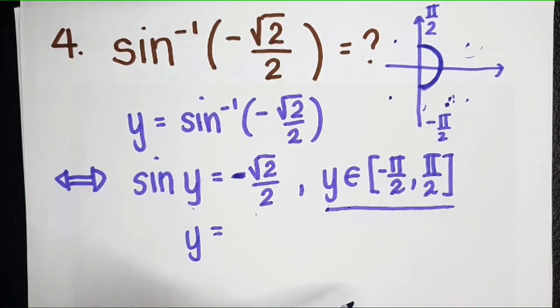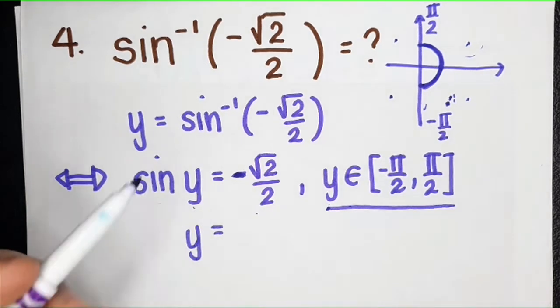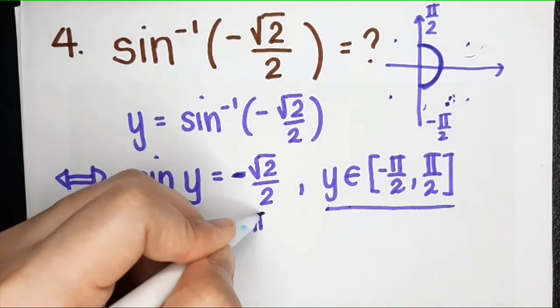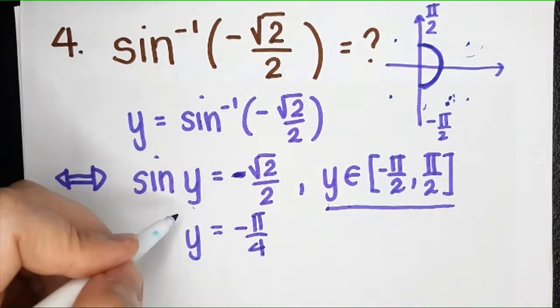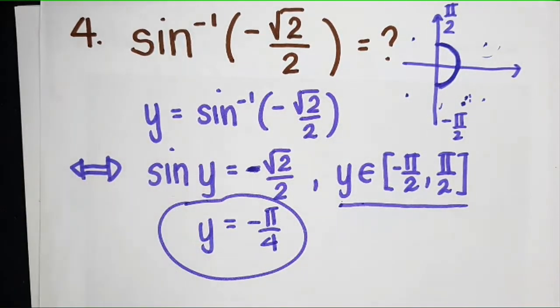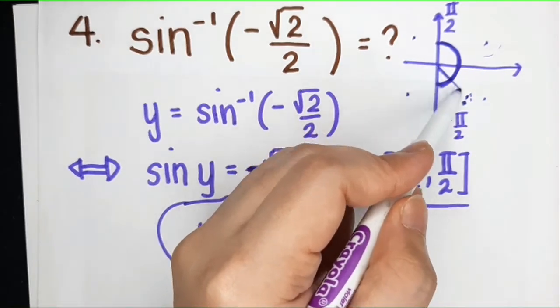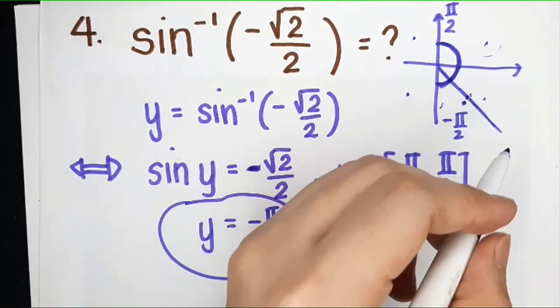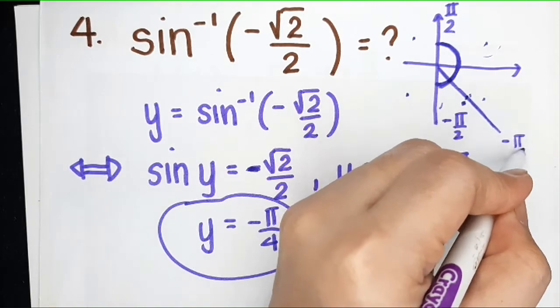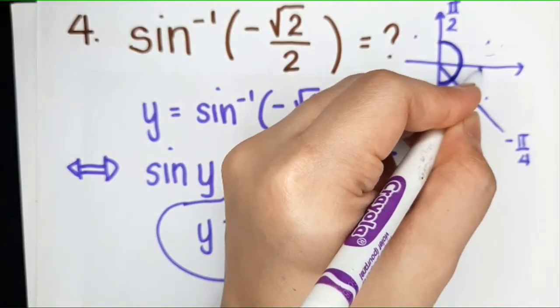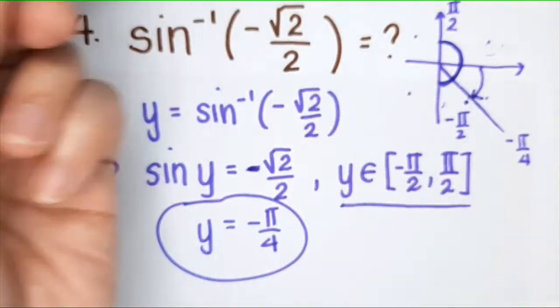Hindi 7 pi over 4. Ano? It is negative pi over 4. Okay? Yan yung value. Yeah, nandito ang negative pi over 4. Actually, siya yung gitna. Ito. Okay? Ito ang negative pi over 4. Kapag ang ikot is in the clockwise direction.